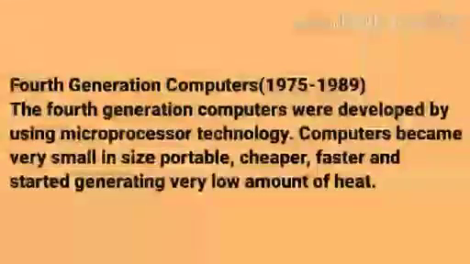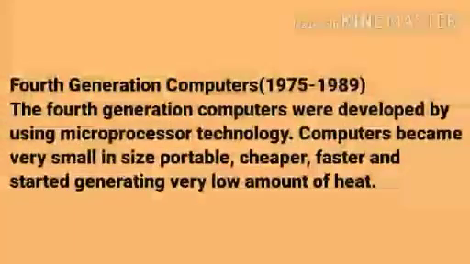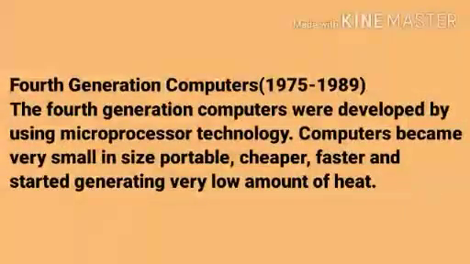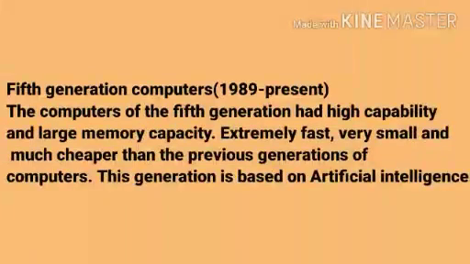Fourth generation computers, from 1975 to 1989. The fourth generation computers were developed by using microprocessor technology. Computers became very small in size, portable, cheaper, faster, and started generating a very low amount of heat. Now, fifth generation computers, from 1989 to present.